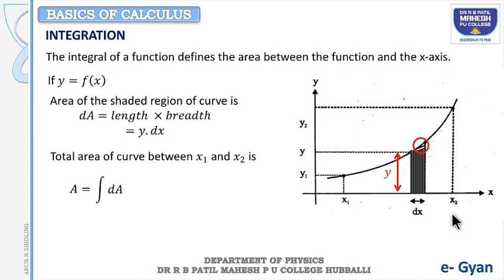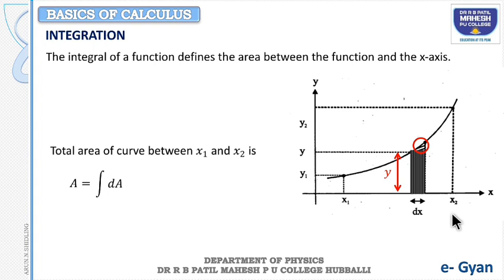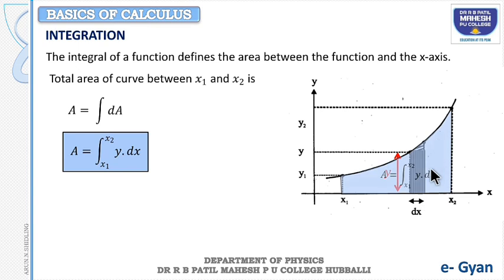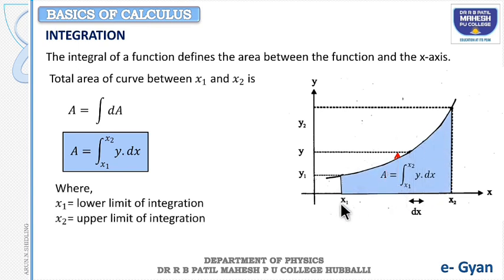So this summation will now be replaced with integration of dA. We know dA can be written as y dx, and the area has to be found between x1 and x2. If I solve this, I'll get the area. Here x1 is the lower limit and x2 is the upper limit.